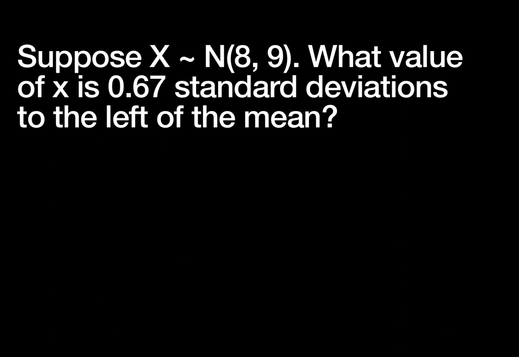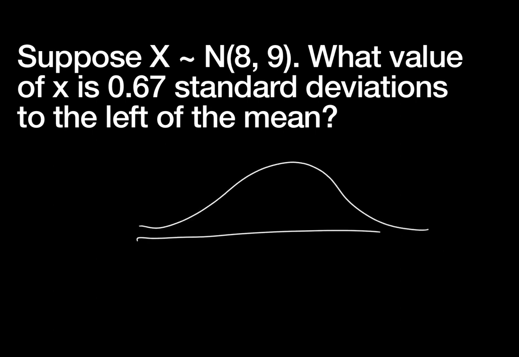All right, so now we're going to do this in reverse order. Suppose x has a normal curve. So I'm going to draw a normal curve centered at 8. I'm going to mark 3 ticks to the right and to the left. This is x. My standard deviation is 9, which means this is negative 1 and this is 17.